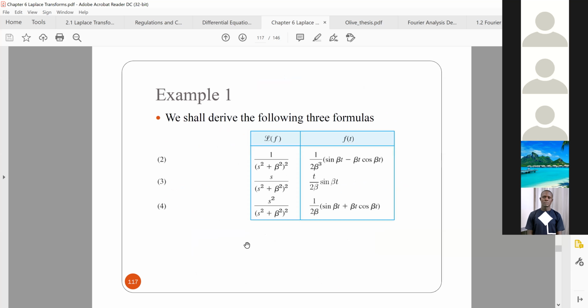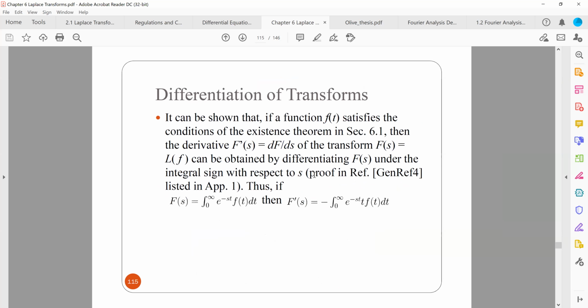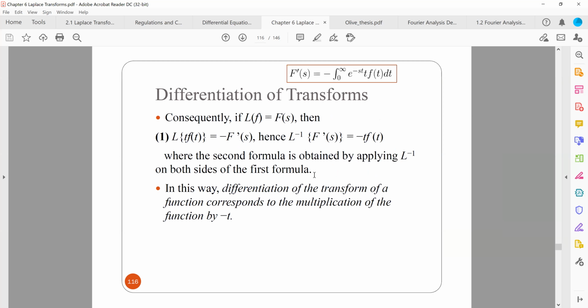Another thing, because remember we are trying to prove this formula, so we have hints here. We know from our formula that the Laplace of t times f(t) is equal to minus the derivative of the Laplace of f(t). Essentially, the Laplace inverse of the derivative is minus t f(t).